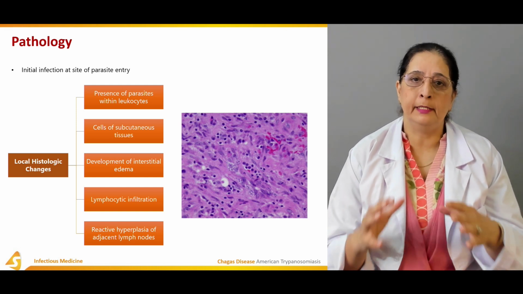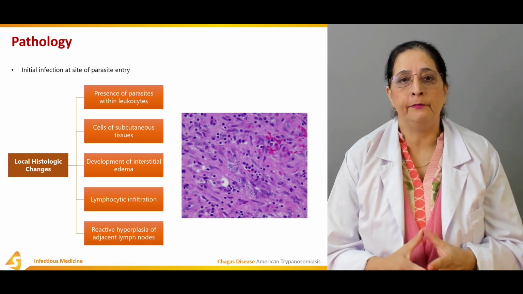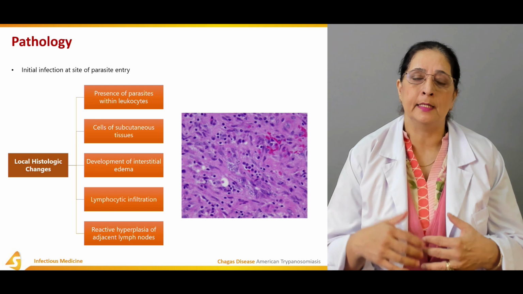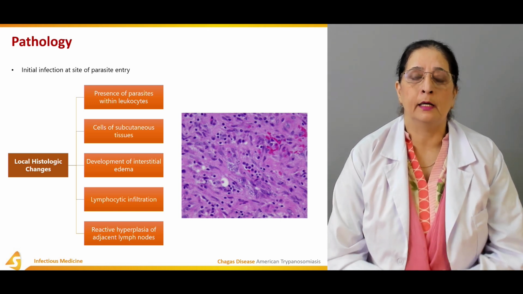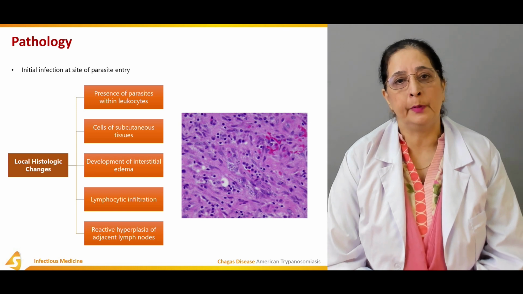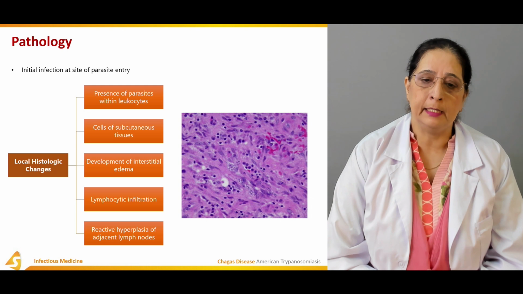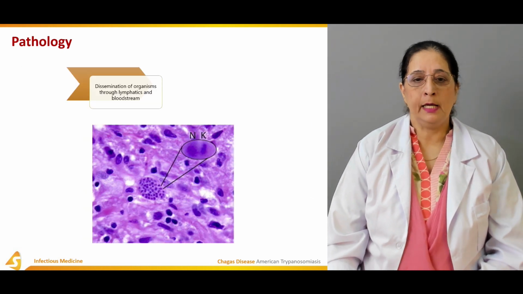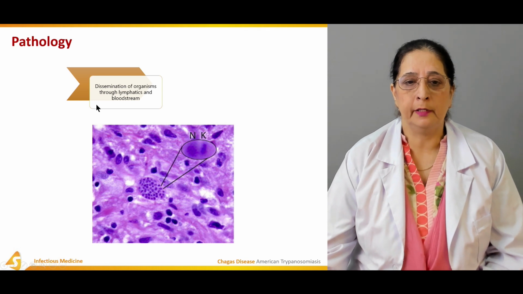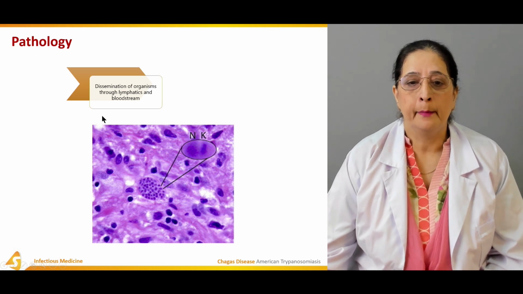So with interstitial edema and lymphocytic infiltration, there is also hyperplasia of the lymph nodes, and this hyperplasia can lead to enlargement of the lymph nodes also. Next, there is dissemination of organisms through lymphatics and bloodstream.